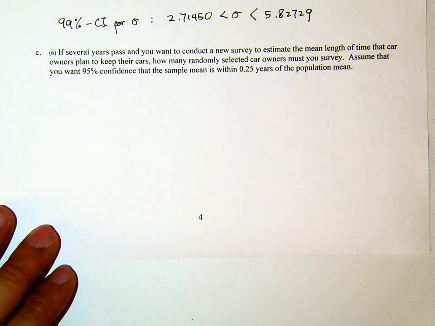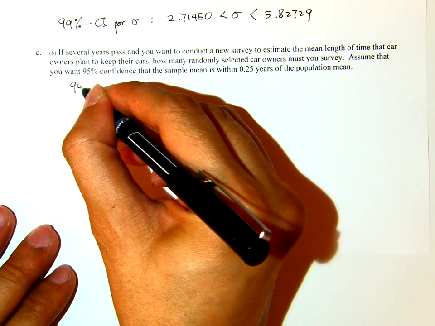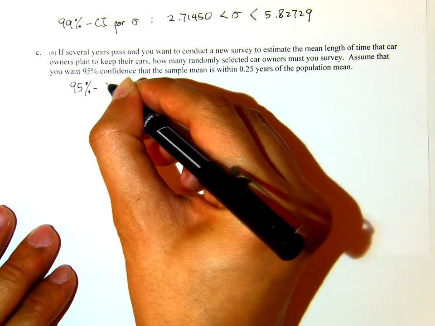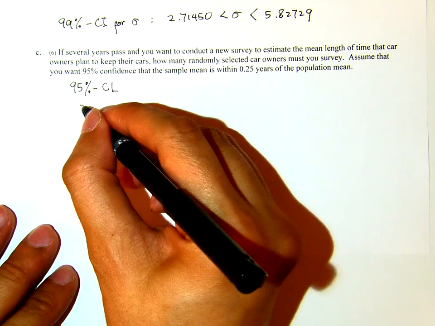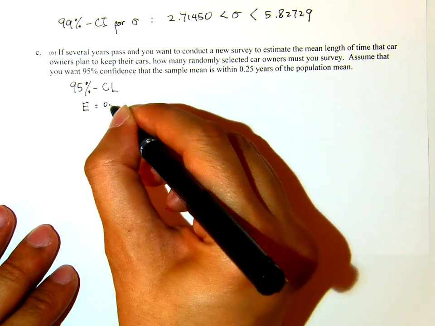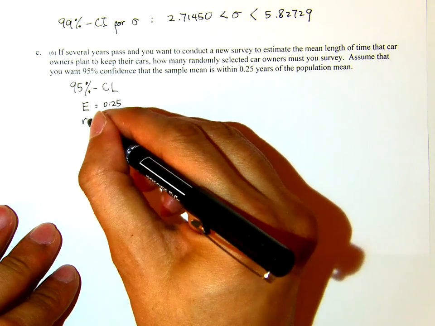Now the question is how many, n. The confidence level that we want, okay, and then the margin of error is 0.25. Now we need to find n.